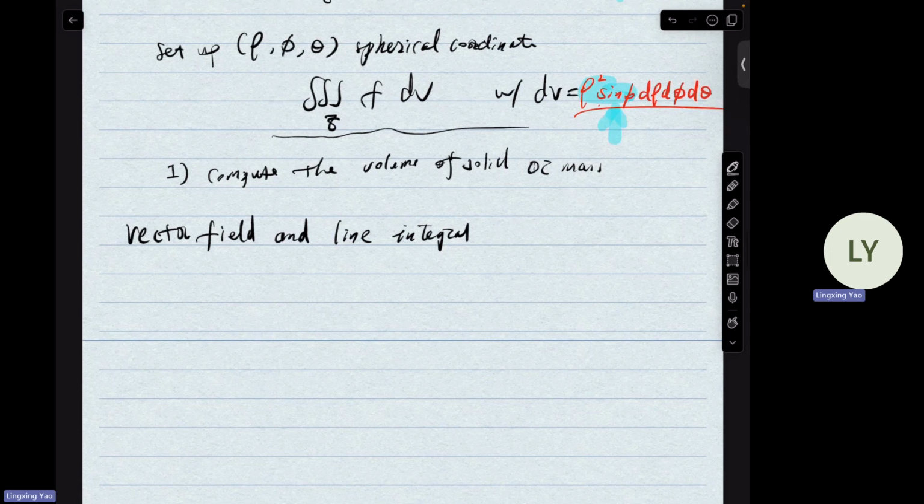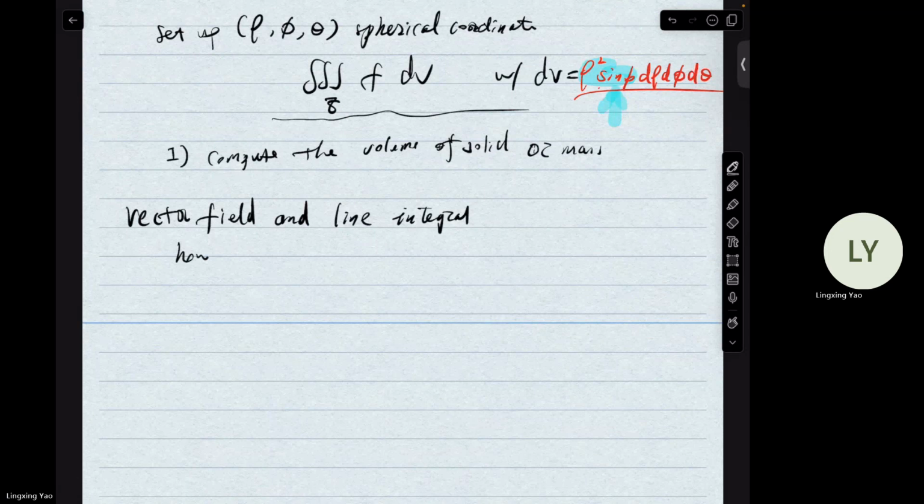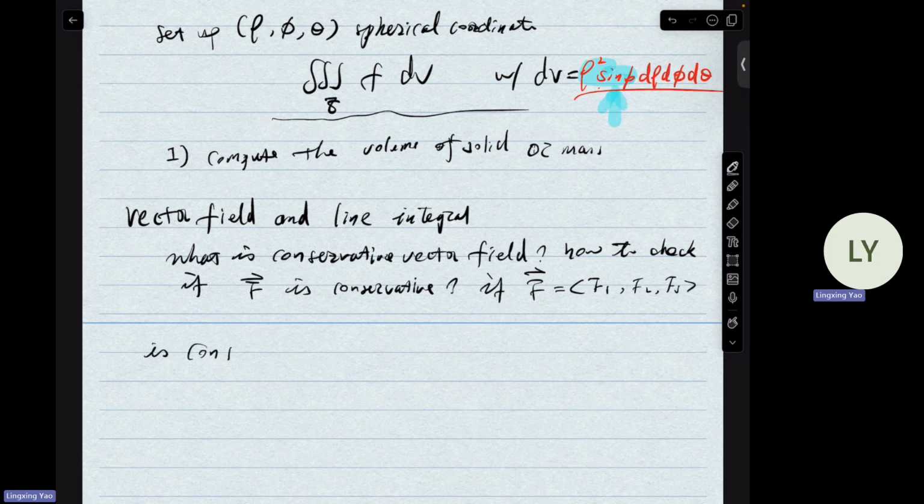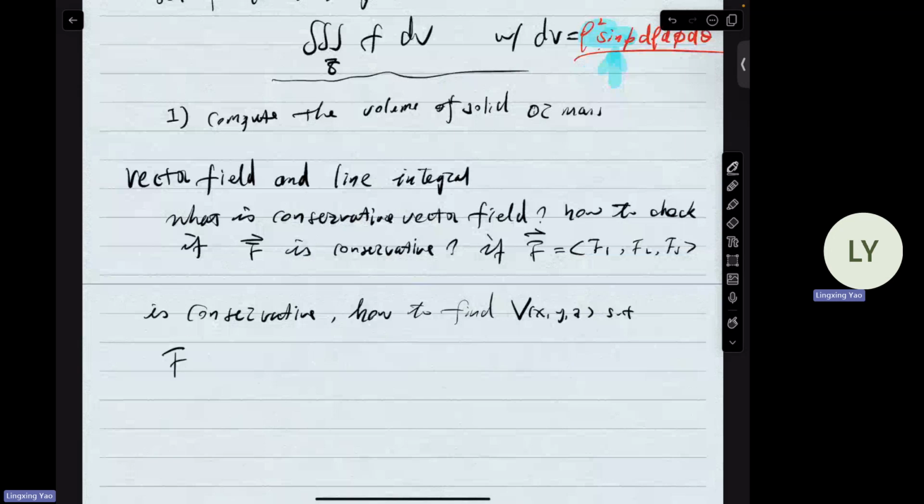So for the vector field, we need to know especially what is a conservative vector field and how to check if vector field F is conservative, and if F equals F1, F2, F3 is conservative, how to find the scalar function v of xyz such that F is generated by taking the gradient of this v.